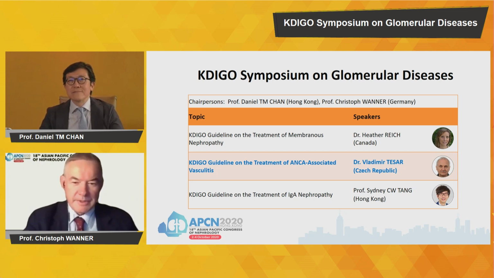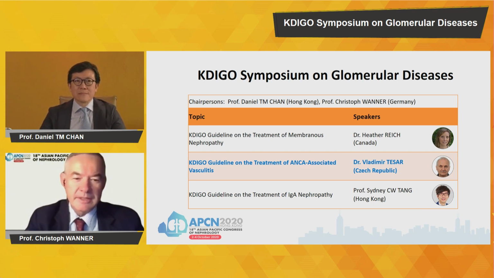Thank you, Professor Chan. I would like now to introduce Dr. Vladimir Tesar. Professor Tesar is the head of the Department of Nephrology at the First Faculty of Medicine at the Charles University of Prague in the Czech Republic. Professor Tesar has spent nearly his entire scientific life studying ANCA-positive vasculitis, lupus nephritis, and the treatment of glomerular nephritis.